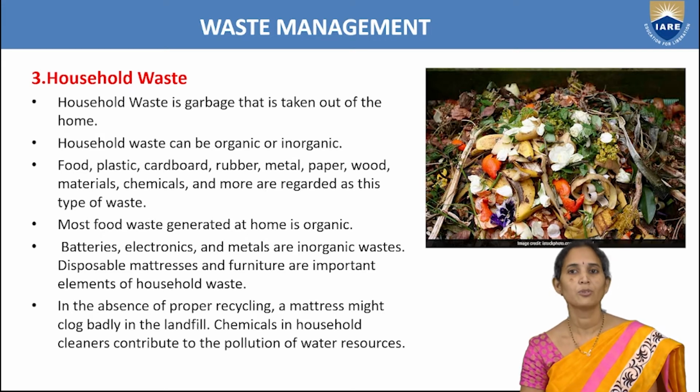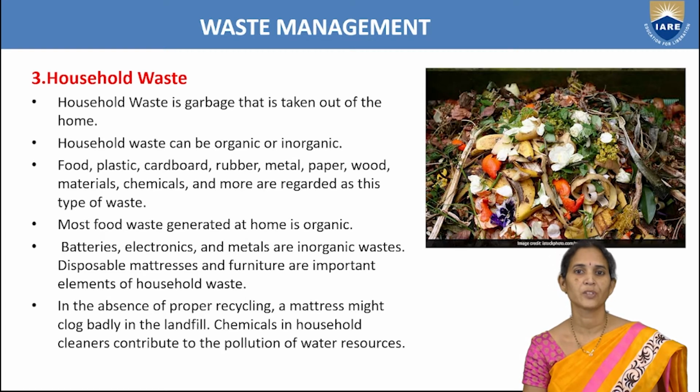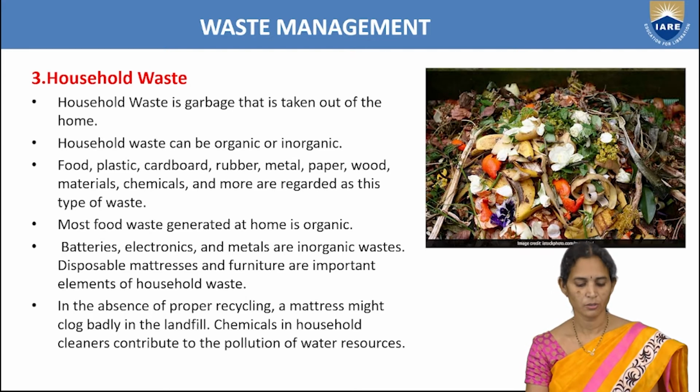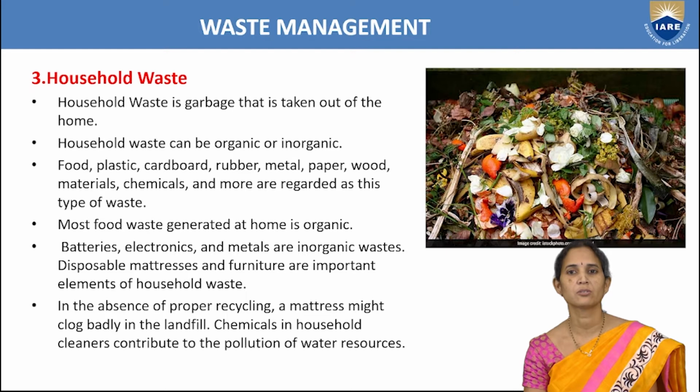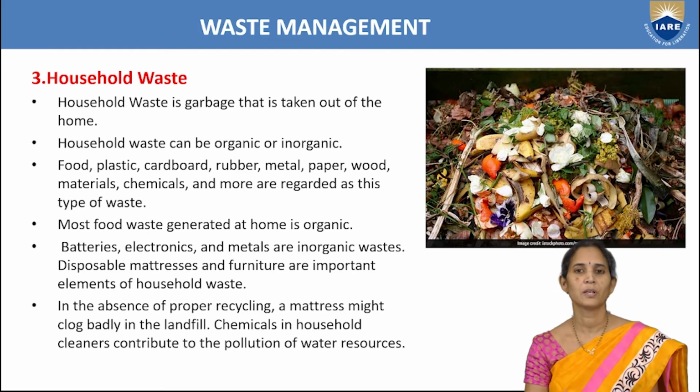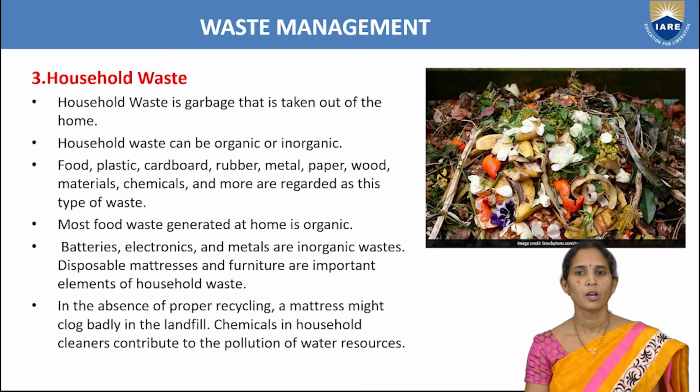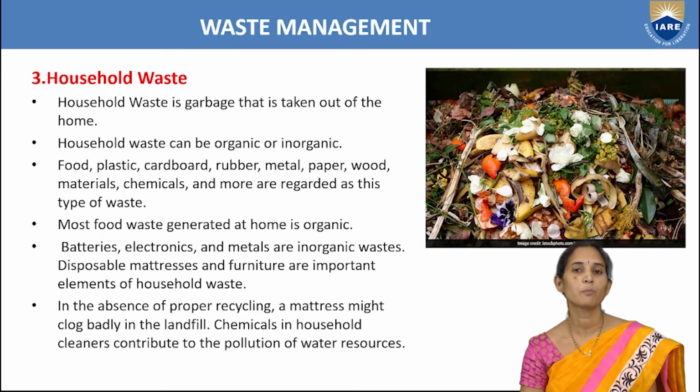Mostly the food waste generated at home is organic, and we are also throwing electronic items, like batteries. After using the batteries we throw them outside, but we do not know how much it is affecting the environment. Old furniture and mattresses we are disposing of, and we are not going for proper recycling.